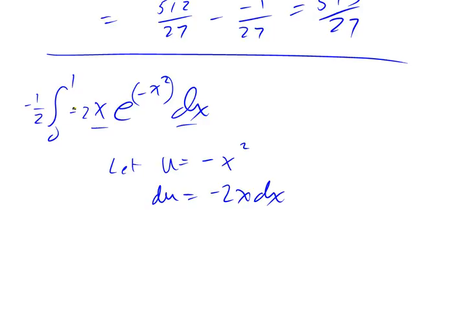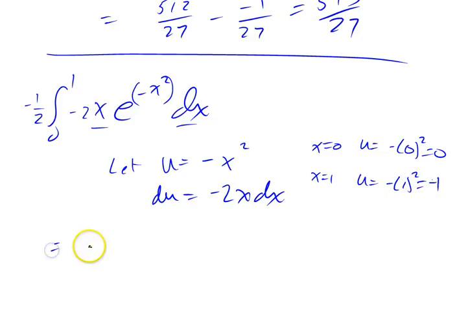All right. If I'm going to change, let's change the limits as well. If x equals 0, then u equals negative 0 squared. 0 squared is 0, negative 0 is still 0. Likewise, if x equals 1, then u equals negative 1 squared. And remember, order of operations, you do the square first and then the multiplying. So 1 squared is 1, so that's minus 1.